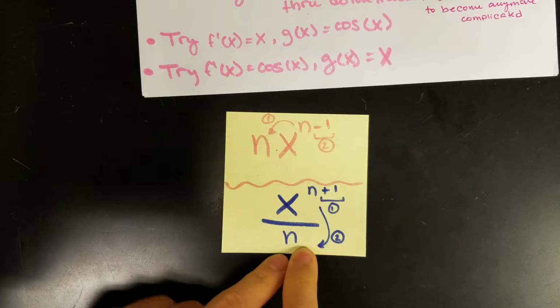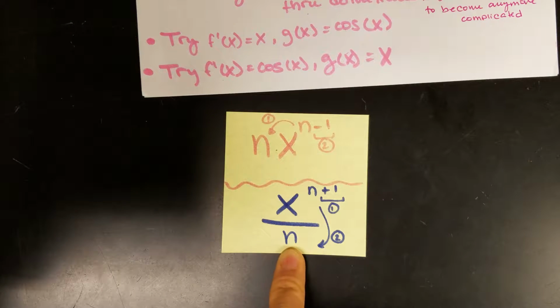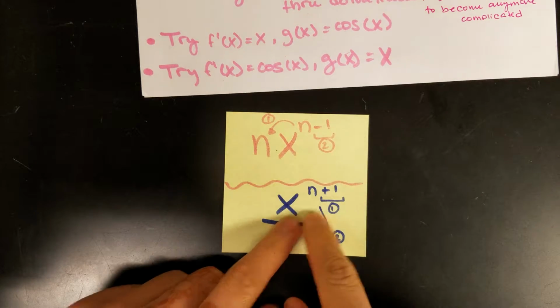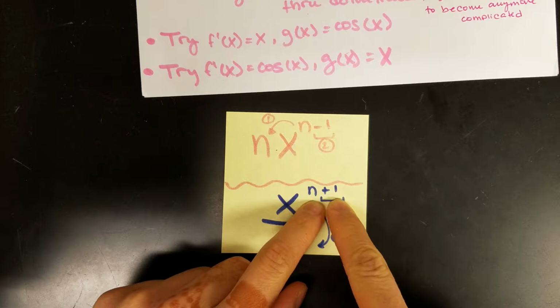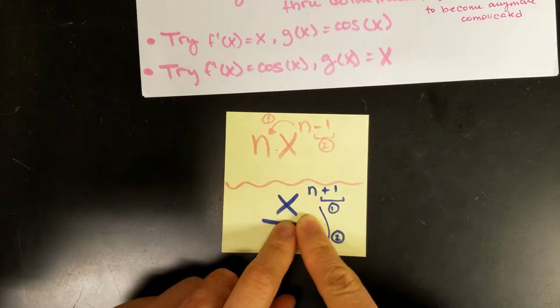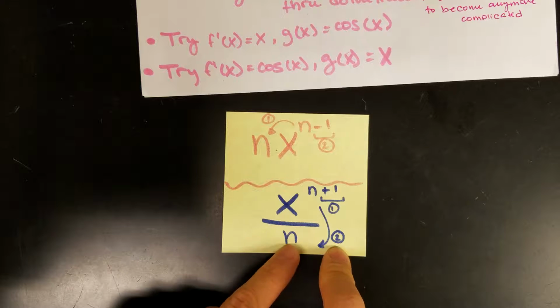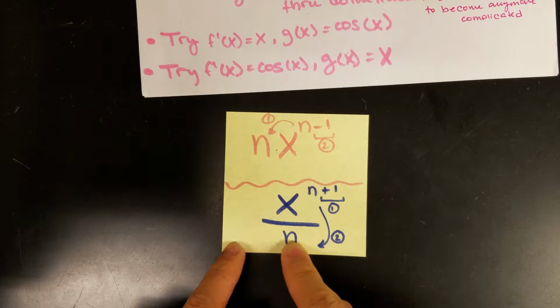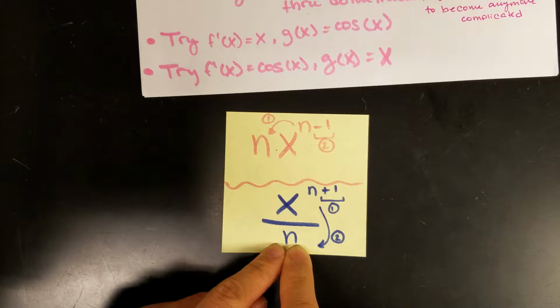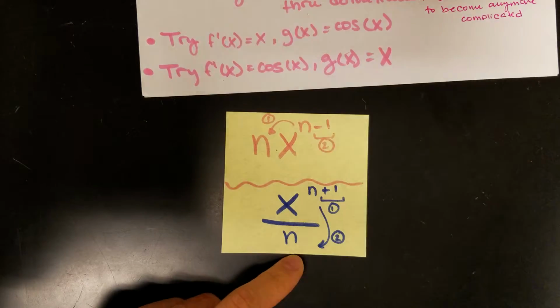To take the integral of that, you would add 1 to the exponent, and then divide your coefficient by the value of that new exponent.